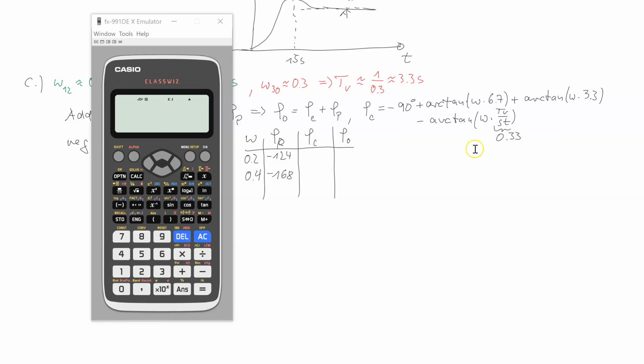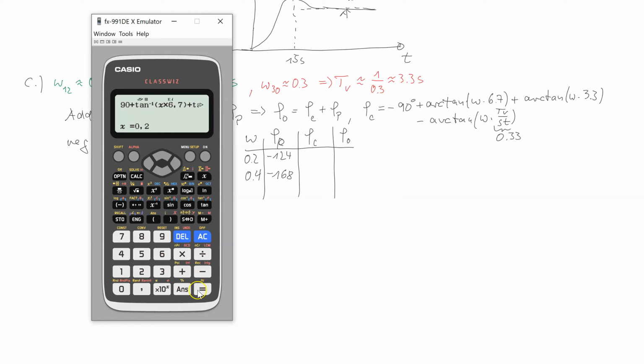So we get this equation: minus 90 plus arctangent, inverse tangent, of omega, I call it x, multiplied with 6.7, close parenthesis, plus arctangent of x times 3.3, close parenthesis, negative arctangent of x times 0.33, parenthesis closed.